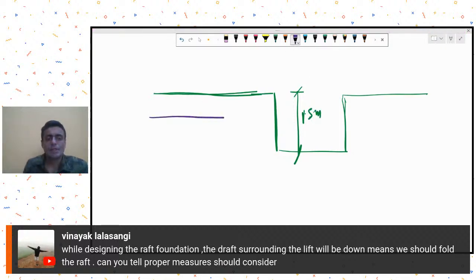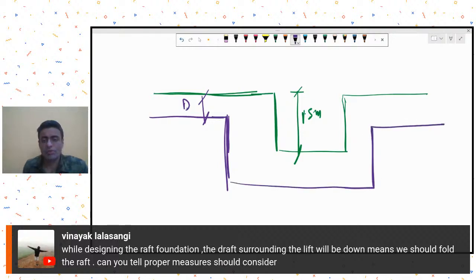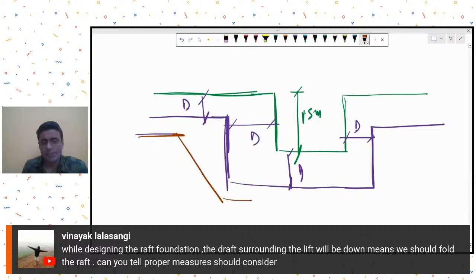So one thing is that whatever thickness you are getting over here, usually try and provide the same thickness all around this. So when you are folding the raft, ensure that you are getting the same thickness. This is number one point that we usually try and do. Second is, while you are providing PCC below this, we will usually do PCC something like this.